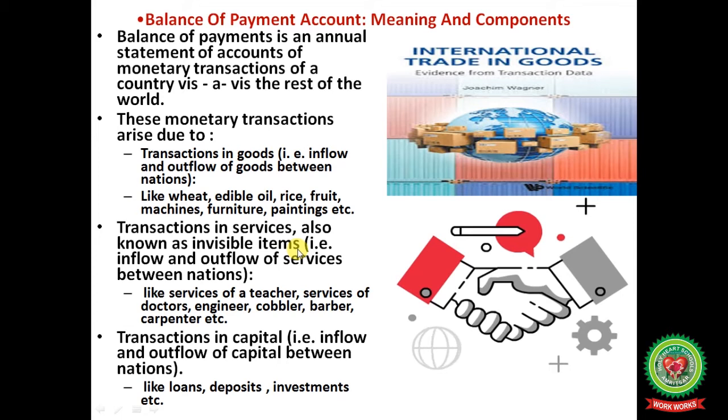For the invisible items, there is inflow and outflow of services between nations. Services like teacher, services of a doctor, engineer, cobbler, barber, carpenter, etc. Transaction in capital, inflow and outflow of capital between nations. Capital means like loans, deposits, investments, etc.